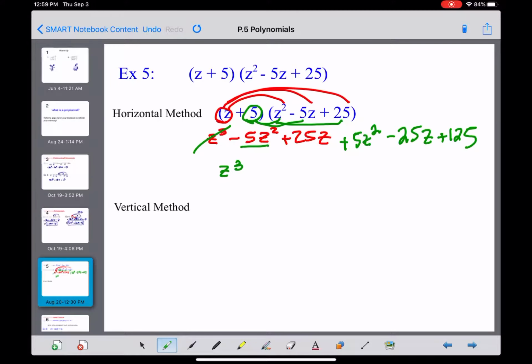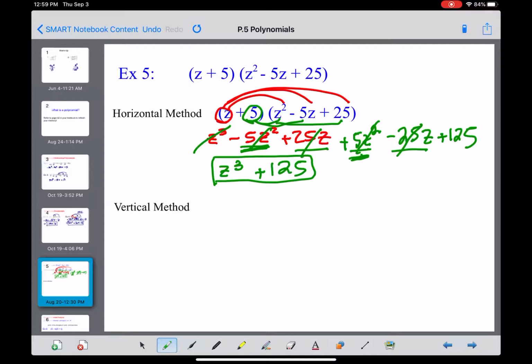The 5z squared and the plus 5z squared, those cancel. 25z and negative 25z, those cancel, and I'm left with just 125. Sometimes it's kind of nice to write, like when I started writing this number here, I could write it below this one, so then my terms are lining up. That's an option for you as well.